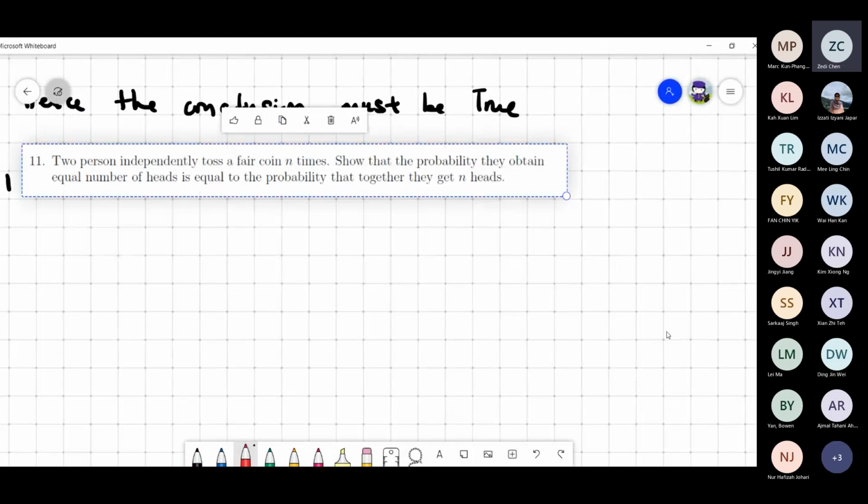I thought my solution is very obvious and very clear. Okay, so let's look at here.